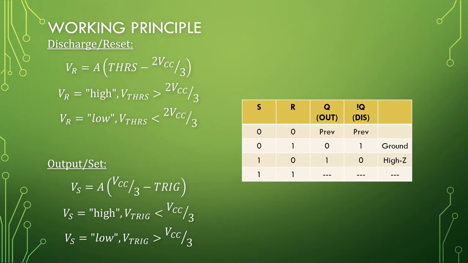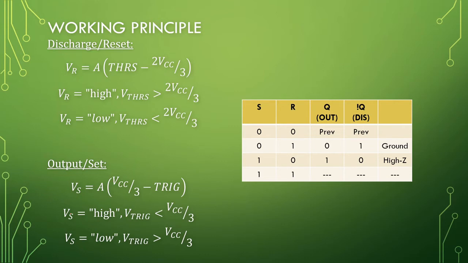So when VR goes high, we are forcing a reset. So basically, discharge becomes a ground and the output becomes a 0. To force a set, we have our trigger.